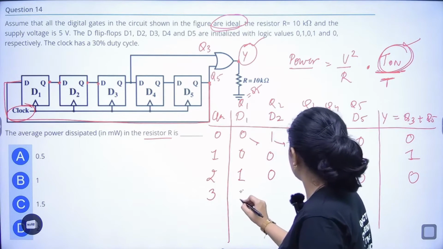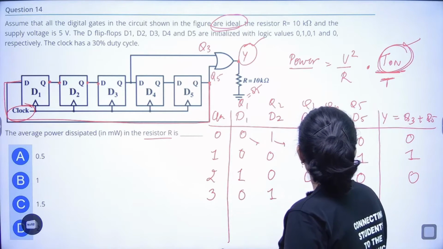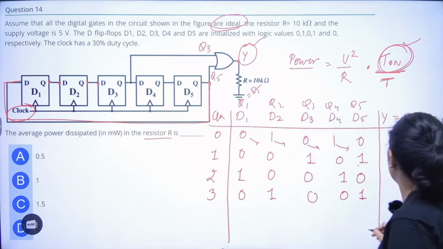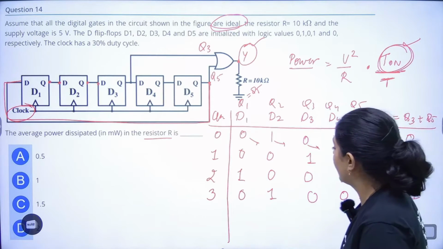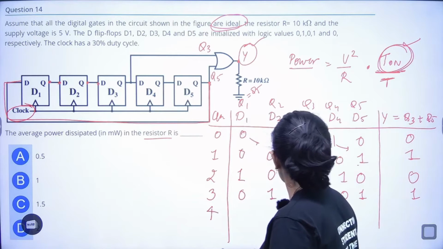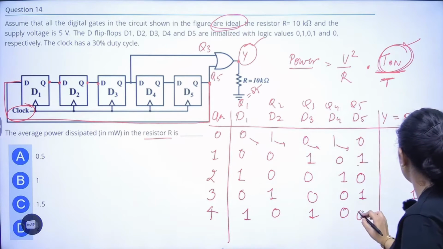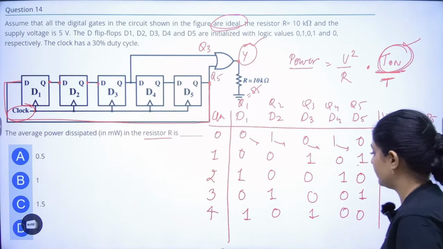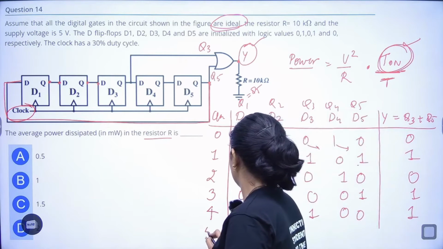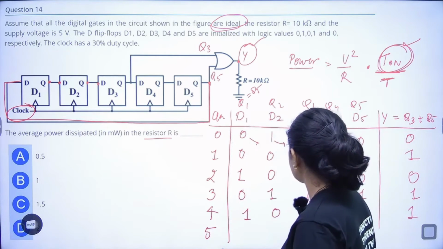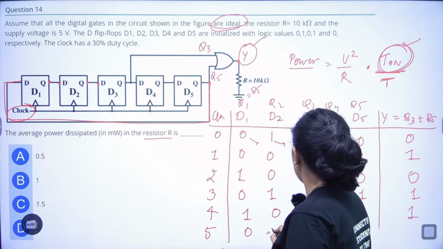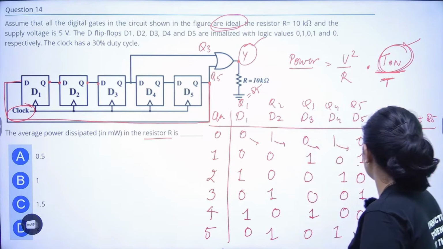Third clock, 0, 1, 0, 0, 1. Value will be 1. Fourth clock, 1, 0, 1, 0, 0. The value is 1. Fifth clock, it will become 0, 1, 0, 1, 0.